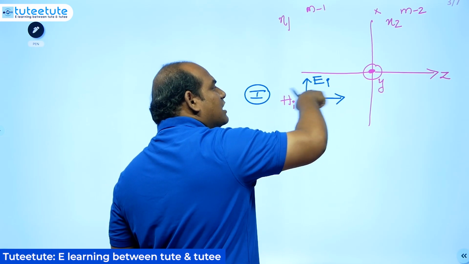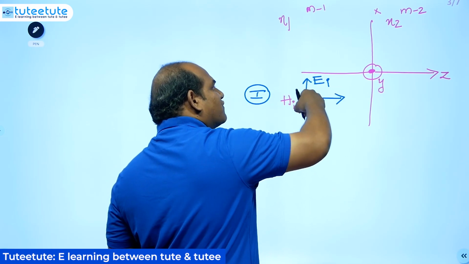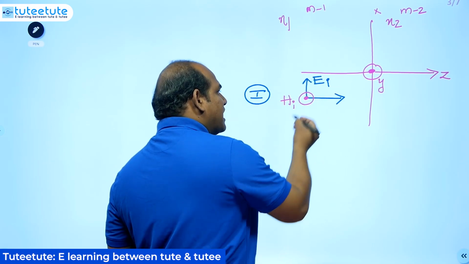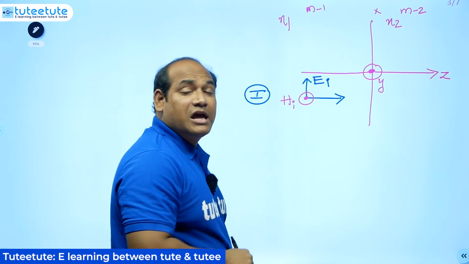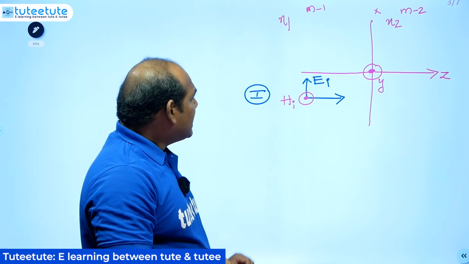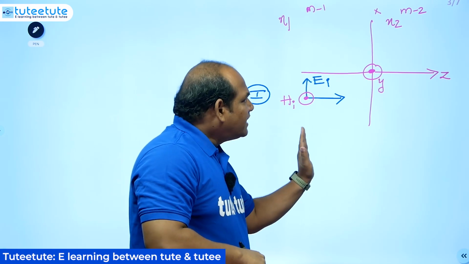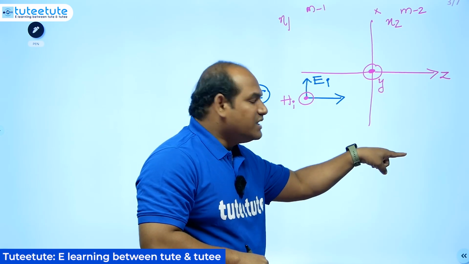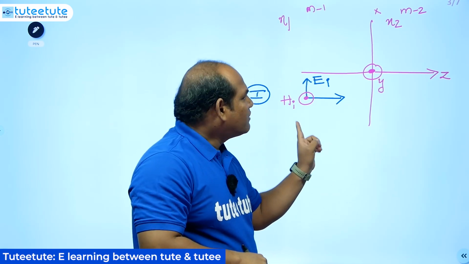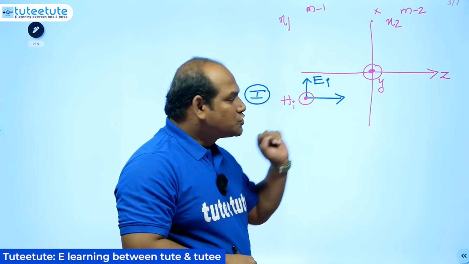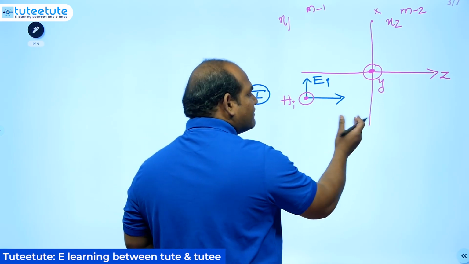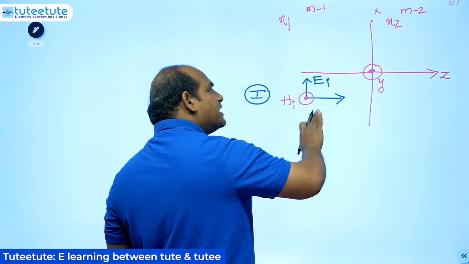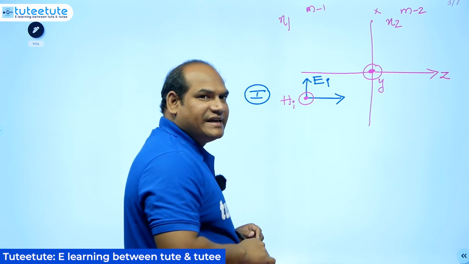It is propagating towards the z direction, the electric field is oriented in the x direction and the magnetic field is oriented in the y direction. Okay, then it is incident on the xy plane, that is the interface, and because of the impedance mismatch, eta 1 is different from eta 2, so a certain portion of this signal will be reflected back and the remaining portion will be transmitted into medium 2.